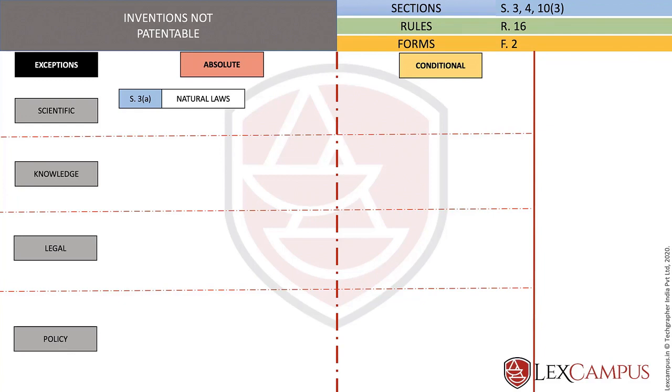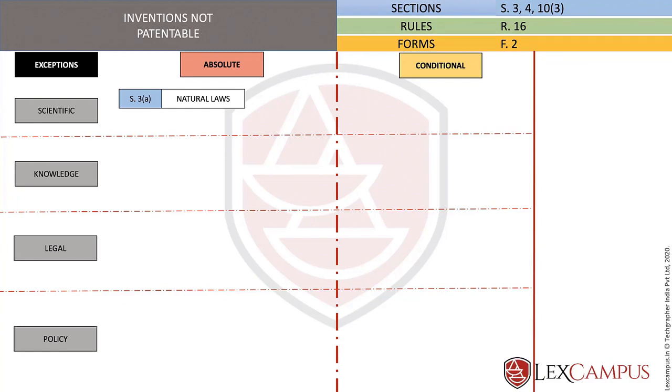Now, one instance that comes immediately to mind is the world has a fascination for patenting equipments which are capable of perpetual motion. Okay, perpetual motion, many inventions have been filed, many inventions continue to be filed, and the patent office has a real task in looking at something which is capable of perpetual motion.